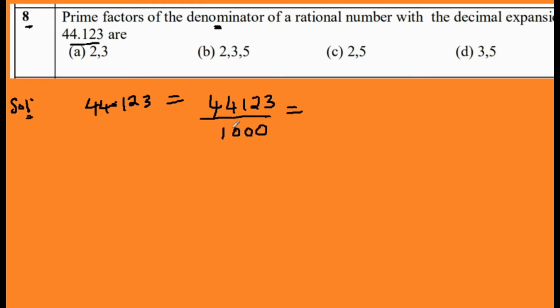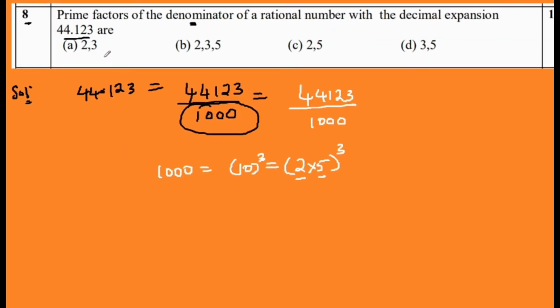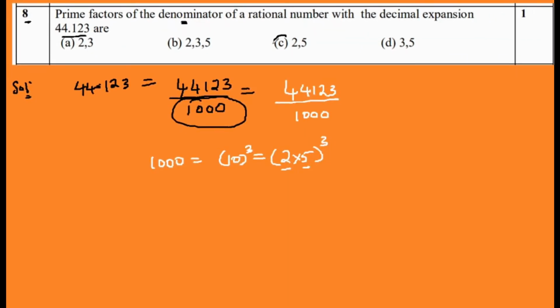So 1000 can be expressed as 10 to the power of 3, and this 10 can be represented as 2 into 5, where 2 and 5 are both prime numbers or prime factors. So correct option for eighth question will be 2 and 5, option C.